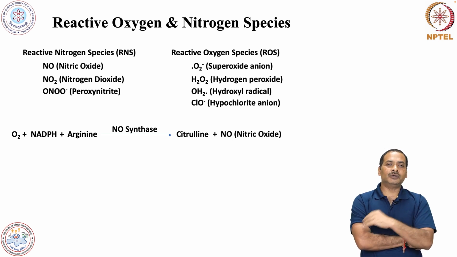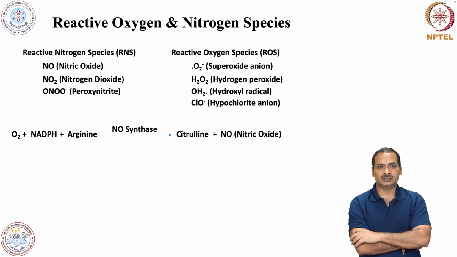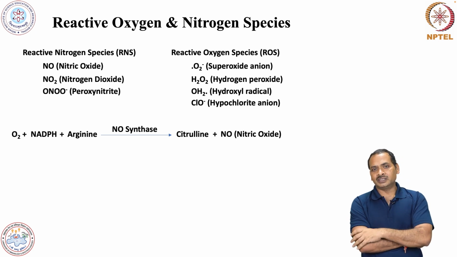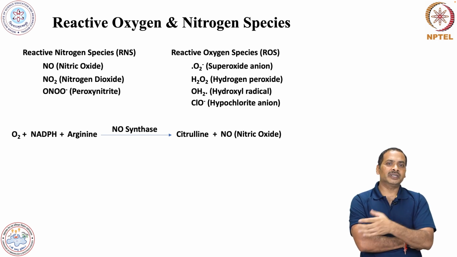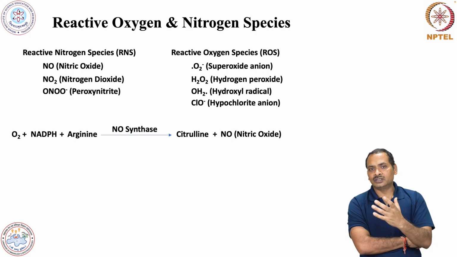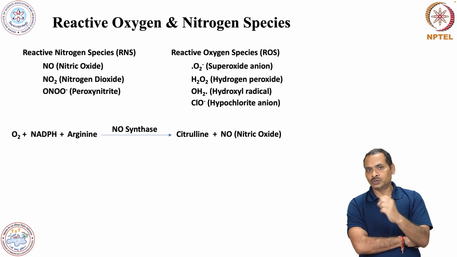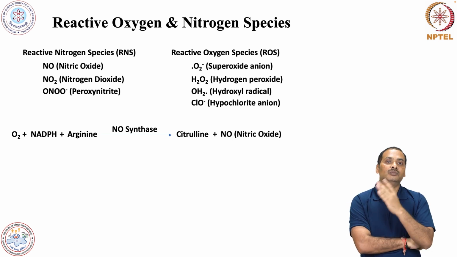And probably you might have heard of one drug known as sorbitrate. This sorbitrate is a compound which, after breakdown, releases nitric oxide, and nitric oxide vasodilates. It dilates the blood vessels, and that will ease the blood flow.